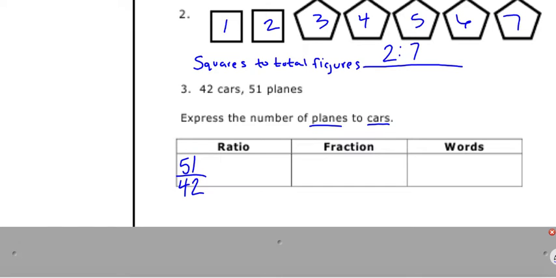And if I tried to turn this into 1 and 9/42, that's not going to help me compare because I don't know where that 1 is going. So we need to leave it in this improper form of 51 over 42. I can compare it using words if I wanted to say 51 to 42.